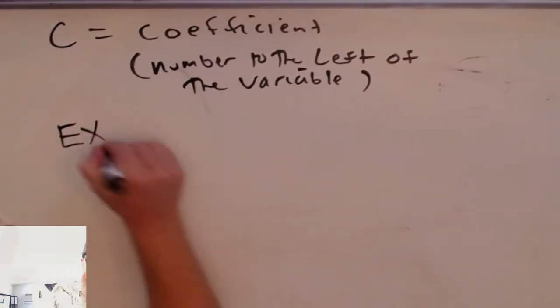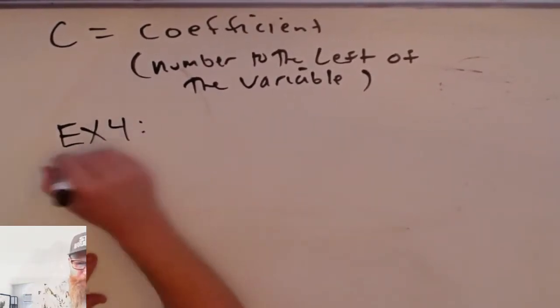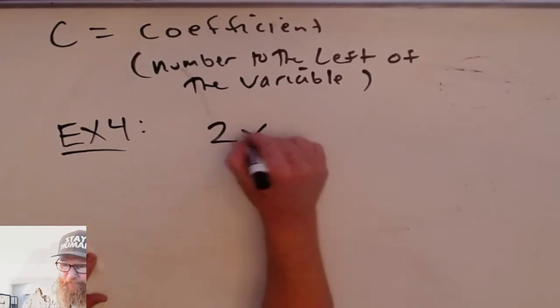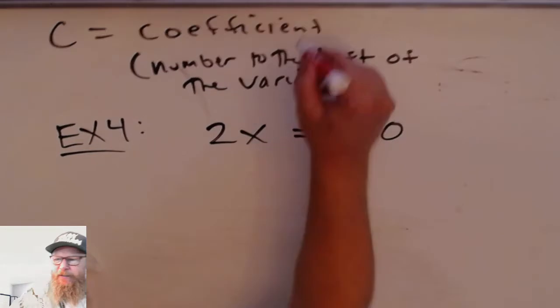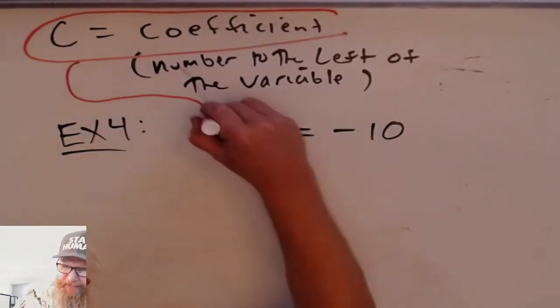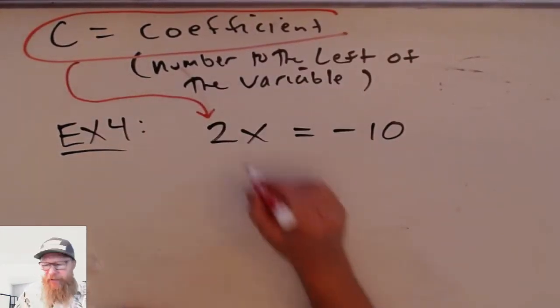So let's see an example. Something like this. So this is C, coefficient.